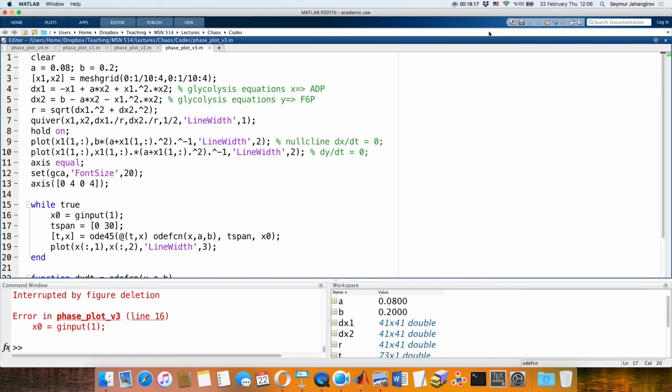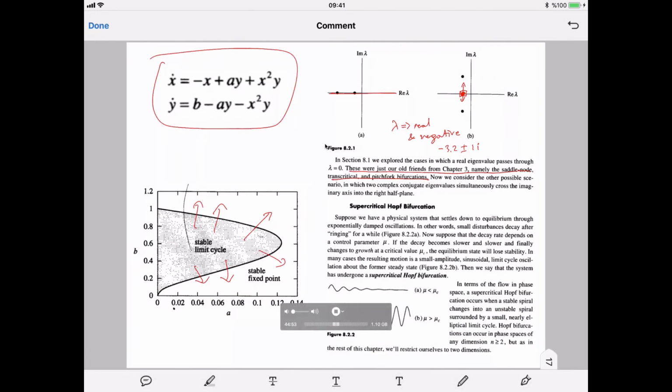So what I want to do now is to play around with the following. What if I write a code that, while solving the system, varies, for example, let's say keep A at 0.1, but take B from 0.6 all the way to 1 and then take it to 0.2.